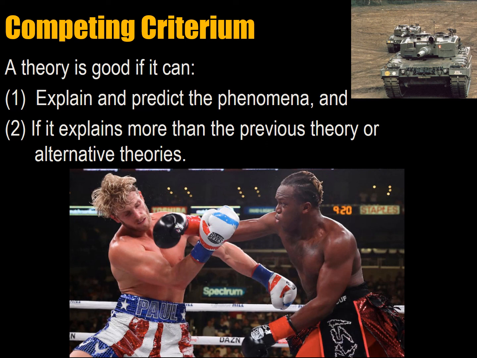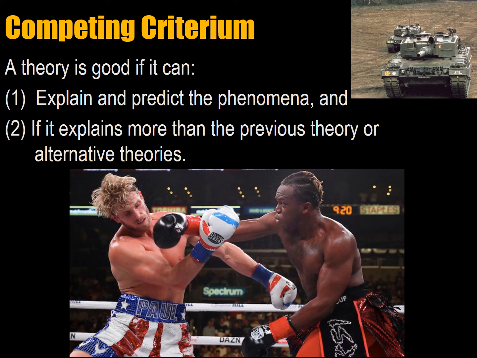So let's apply this. Let's think of theory one argues that wars are caused by arms manufacturers, right? And we go out and we study it. We find that 60% of wars do have arms dealers that are heavily involved, right? And in 40% of cases, wars happen for other reasons. And then we have a second theory that wars are caused by alliances.